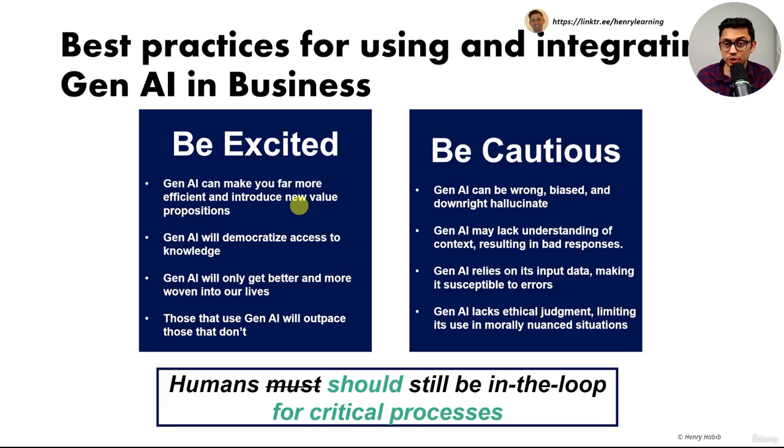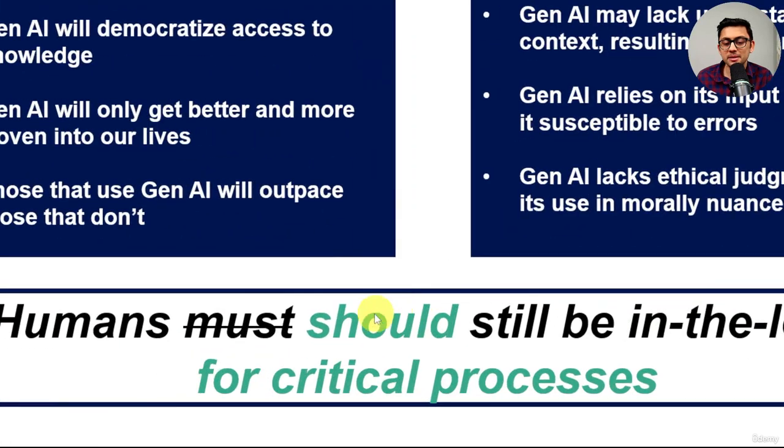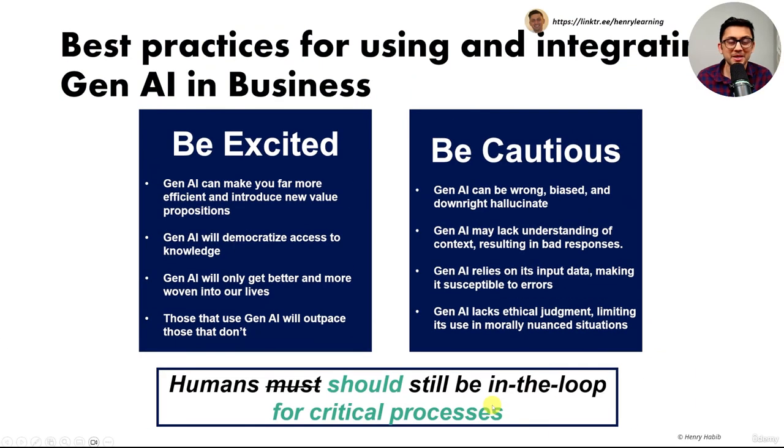And what I always used to say is that humans must still be in the loop. But now I've crossed out must and replaced it with humans should still be in the loop for critical processes. And the reason why I've changed my tune here is because it's gotten so much better than it was before. Before, LLMs would hallucinate a lot. Now they don't really do that much.